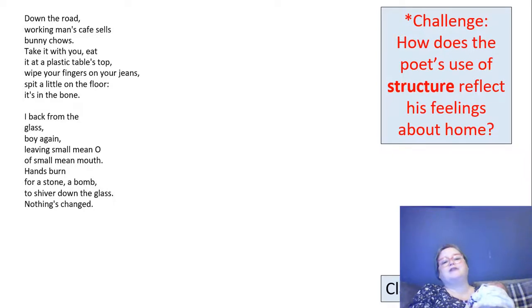So, back from the glass, boy again, leaving the small O. That's the mouth, like when you do that in your car or when you're being silly through a window at a friend or family member. It leaves that O with condensation. But her hands are burning. She wants a stone or a bomb to break the glass down, to express that visceral anger that she feels. So, pause and annotate that last verse now.